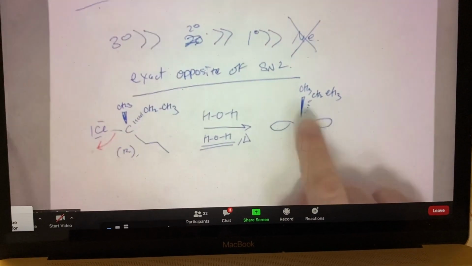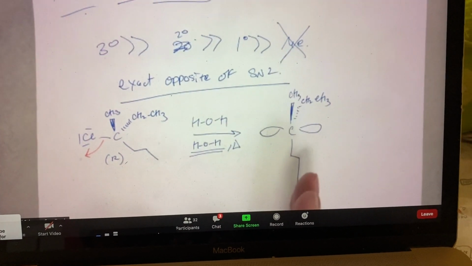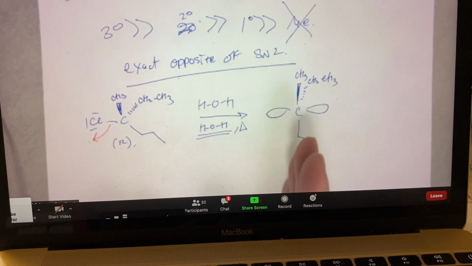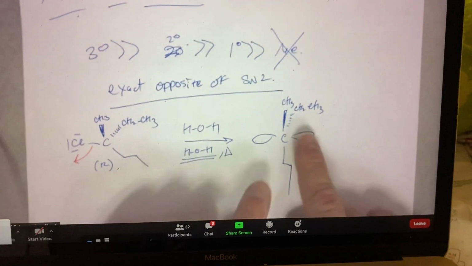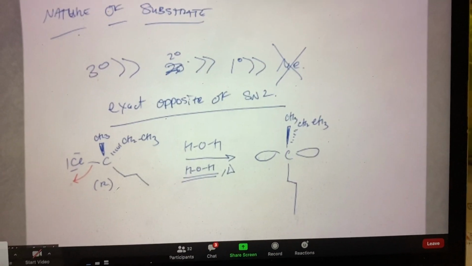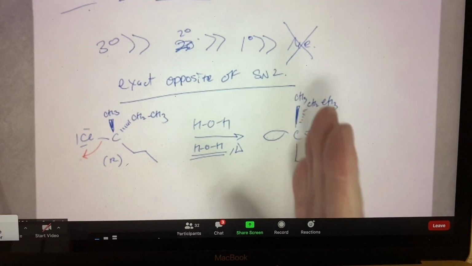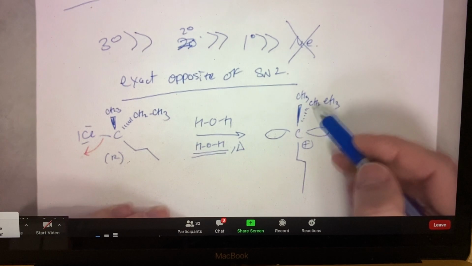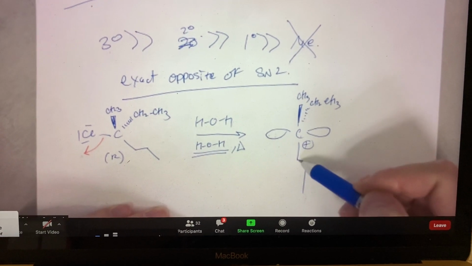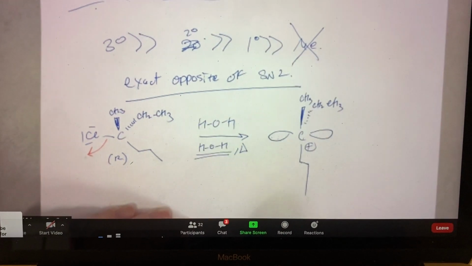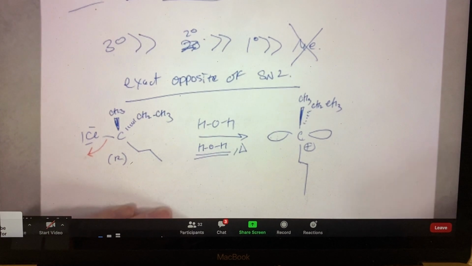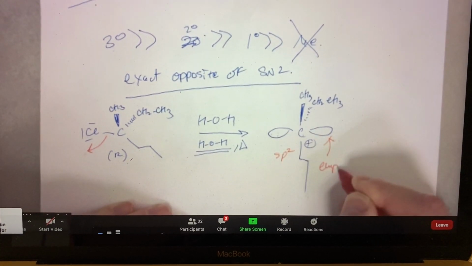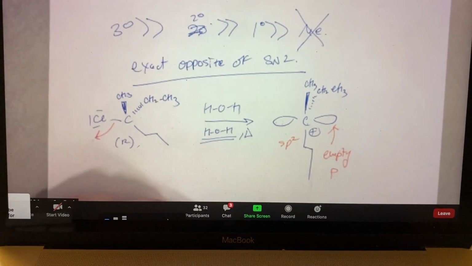And so, even though these are wedges and dashes here, this is flat this way. This is not tetrahedral, it's actually flat and tilted on its side. We just can't draw these groups perfectly overlapping with one another. So this is a planar molecule about all these carbons here. They're all in the same flat plane. And there's these 2 lobes. It's sp2 hybridized. This here is an empty p orbital.